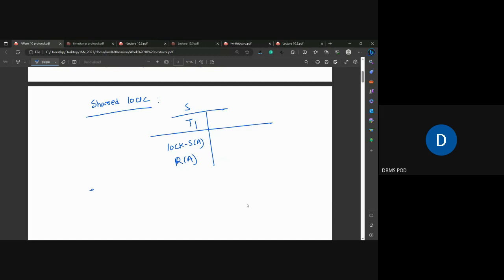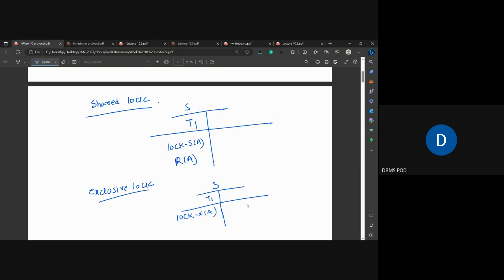Then what is exclusive lock? If a transaction wants to perform reading or writing or both on any data item, then it should apply an exclusive lock. Suppose in schedule S, transaction T1 wants to perform reading or writing or any operation, then we can apply an exclusive lock.